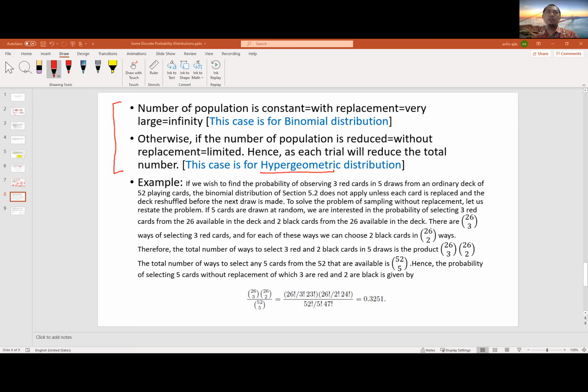In the binomial, the number of population is constant, meaning with replacement, very large or infinite. Otherwise for the hypergeometric, the number of population is reduced, without replacement, or limited. Hence, each trial will reduce the total number.